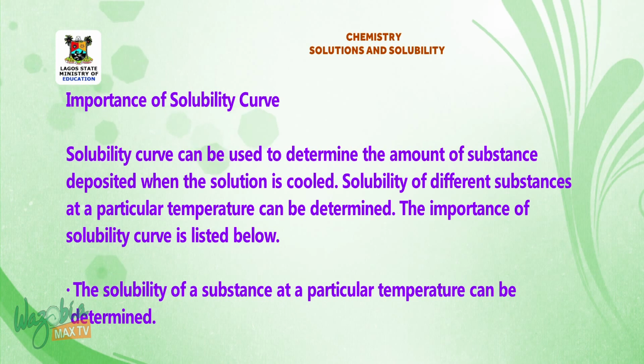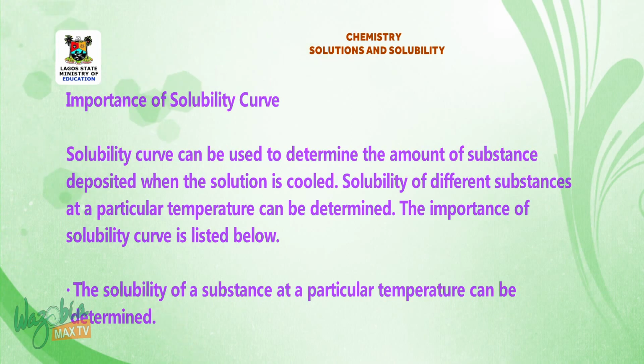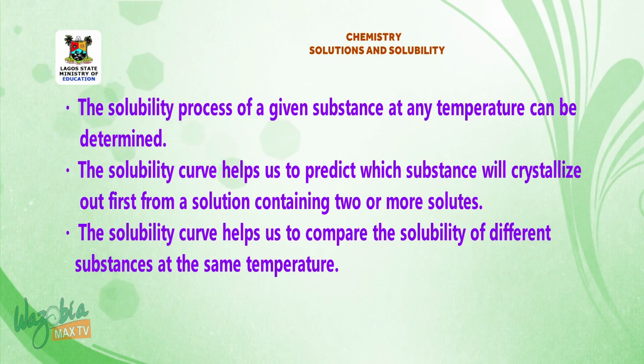Now, the importance of the solubility curve is as given below. Number one, the solubility of a substance at a particular temperature can be determined. Number two, the solubility of a given substance at any temperature can be determined. Number three, the solubility curve helps us to predict which substance will crystallize out first from a solution containing two or more solids.